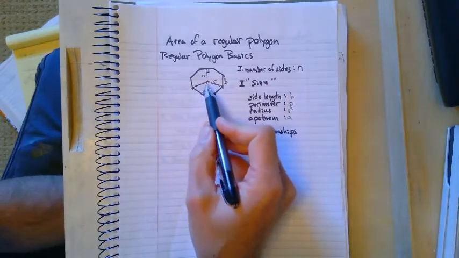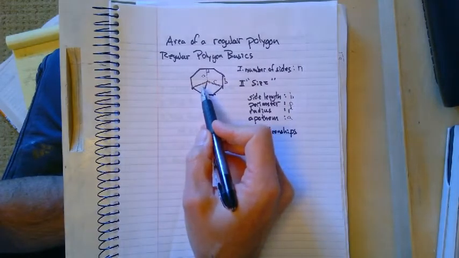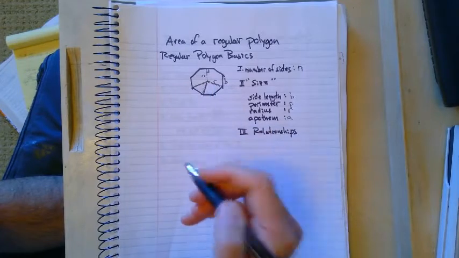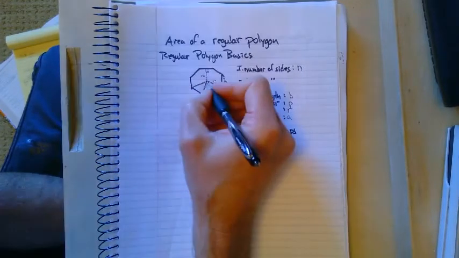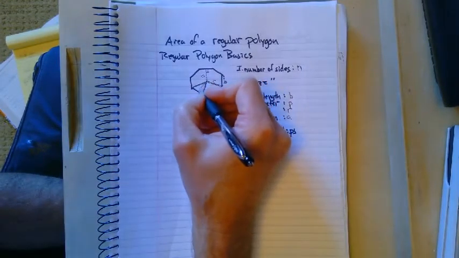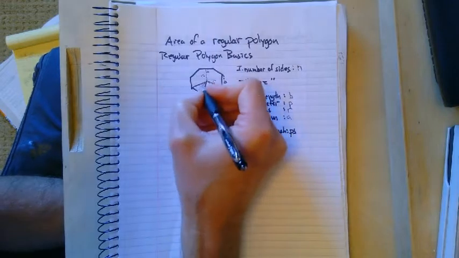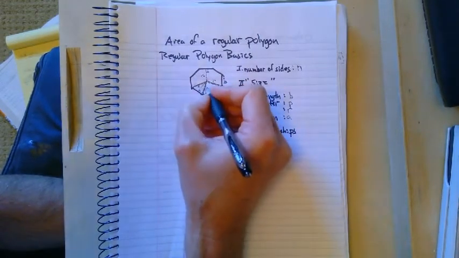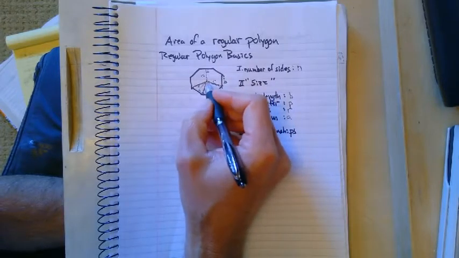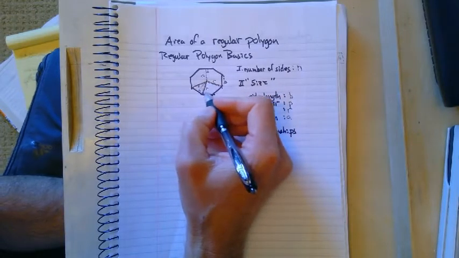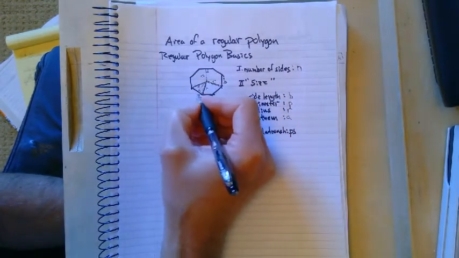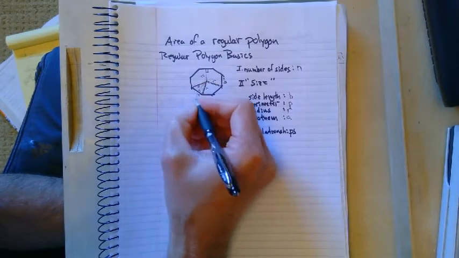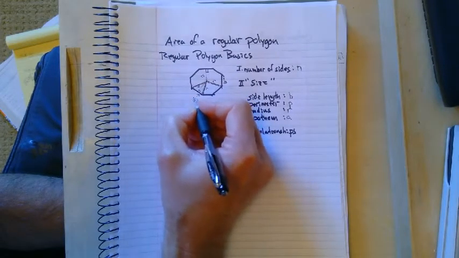The polygon is just multiple identical copies of that triangle put together. And so we can see, if we highlight this one in here, the apothem becomes the height of that triangle. The radius is the hypotenuse. And this little piece in here is not the whole base, but it's half of the base.